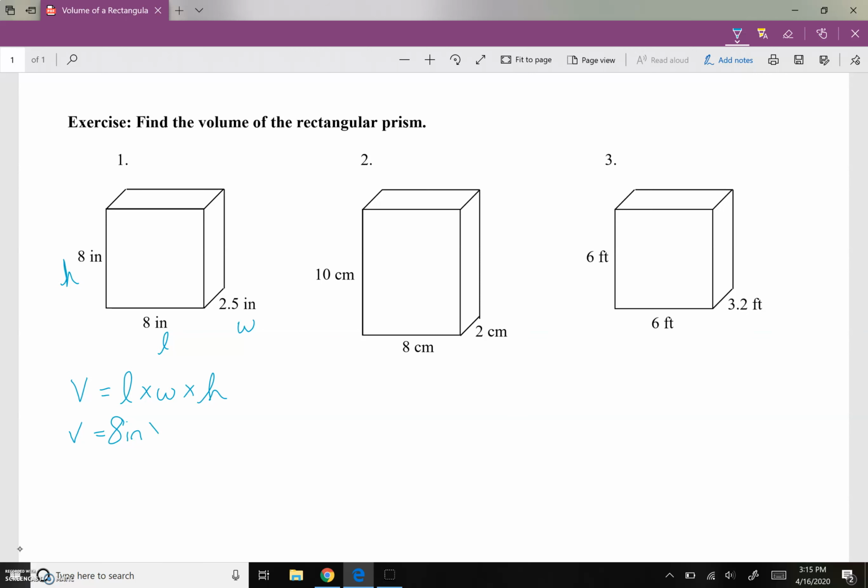Our width is 2.5 inches, and then times your height, which is 8 inches. This time I'm going to use my calculator to find out that 8 times 2.5 times 8 gives me 160. In my units, I have inches times inches times inches, so inches cubed.